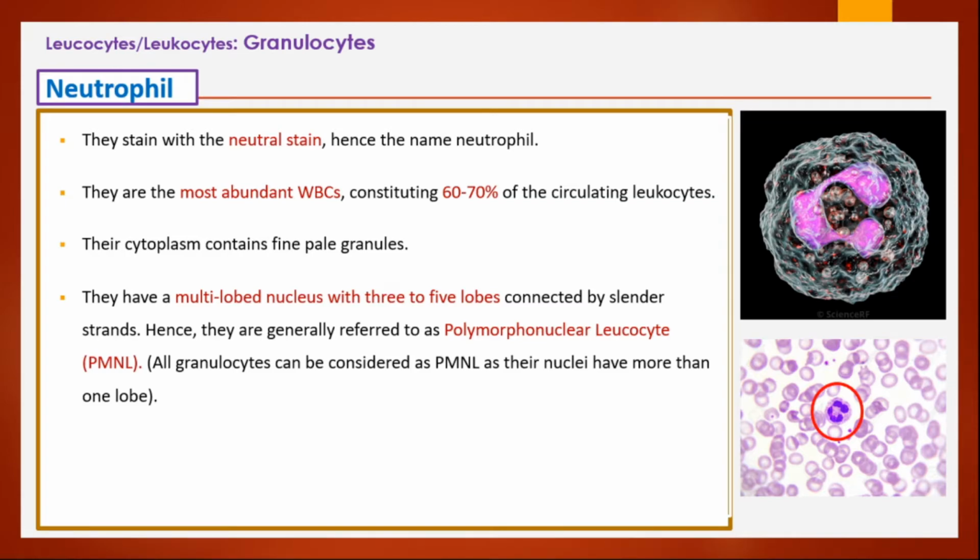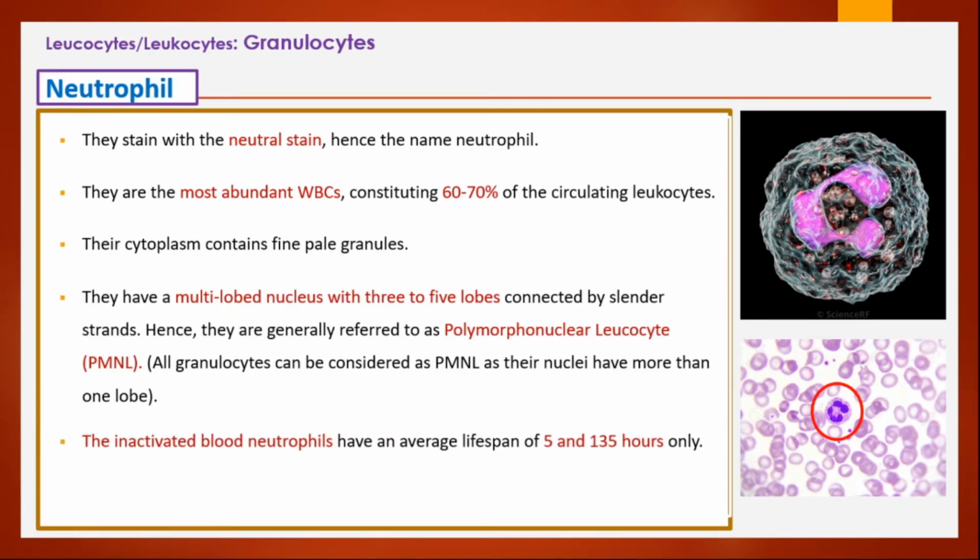Neutrophil has only one nucleus, but its nucleus is multi-lobed, usually with 3 to 5 lobes. Each lobe is connected by a slender strand. Hence, they are generally referred to as polymorphonuclear leukocytes, short form PMNL. Remember that all granulocytes can be considered as PMNL because their nucleus contains more than one lobe.